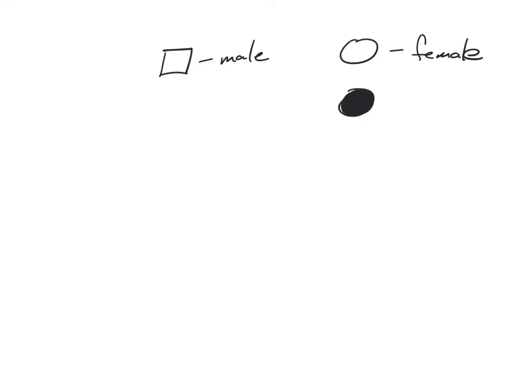An affected female will have a blackened circle. An affected male will have a blackened square. It's just that simple. It's just a matter of either they're affected or not affected, which means the trait shows up or not. Often these are diseases, that's why they say affected, but sometimes they're just characteristics. So don't think of this as necessarily a disease.